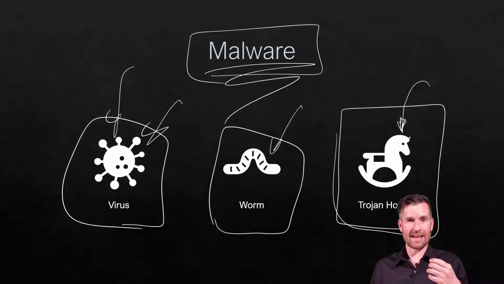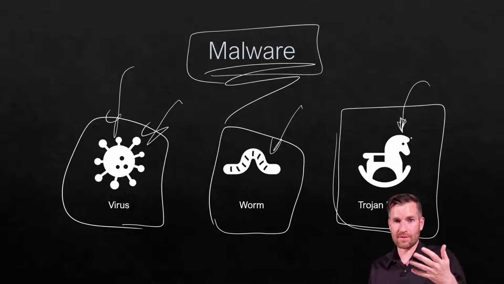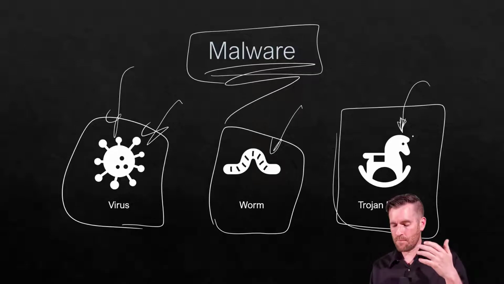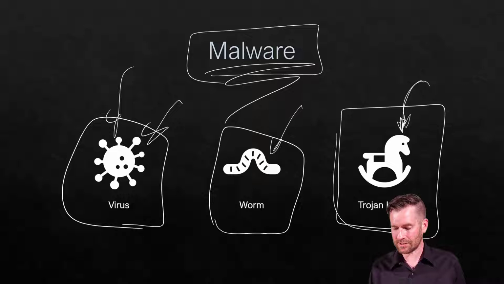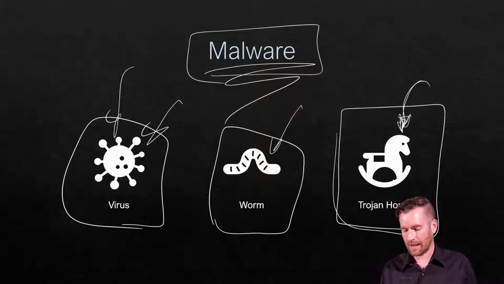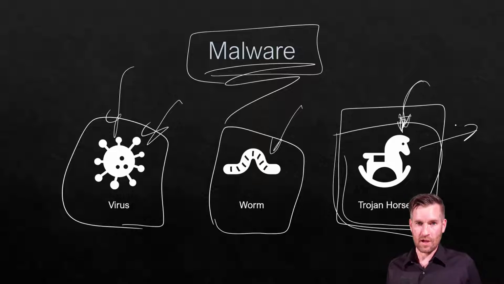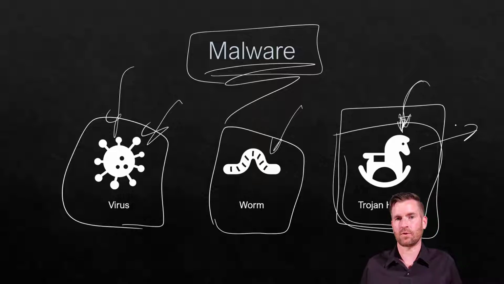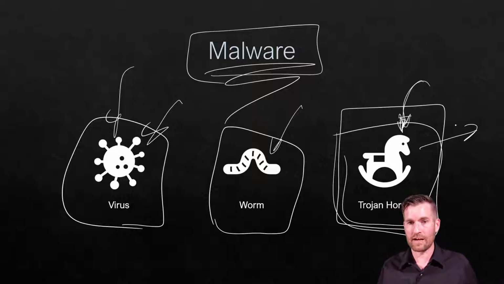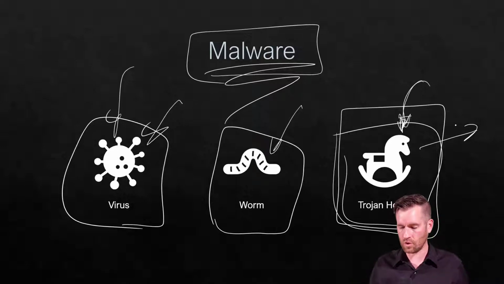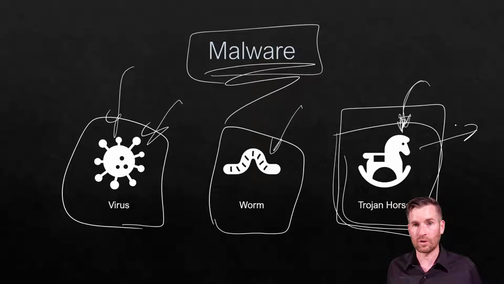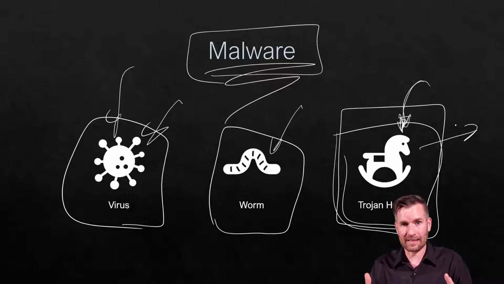Maybe you're signing into some sort of service like Office 365 or Gmail, and it looks like you're signing into that service, but in fact, you're signing into this other software. That software is then taking your credentials and sending them to somebody. So now they have your Gmail account or your Office 365 account or whatever it's designed to look like. So that's the Trojan horse. It's designed to look like something legitimate when it in fact is not legitimate.